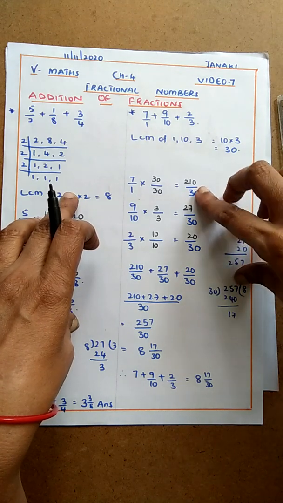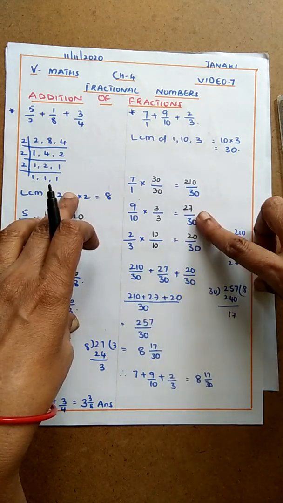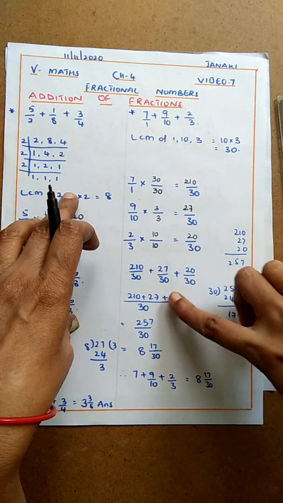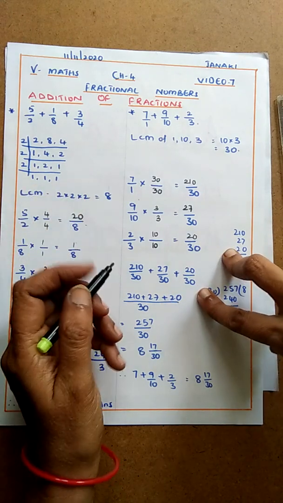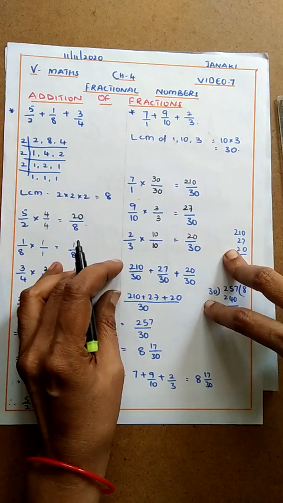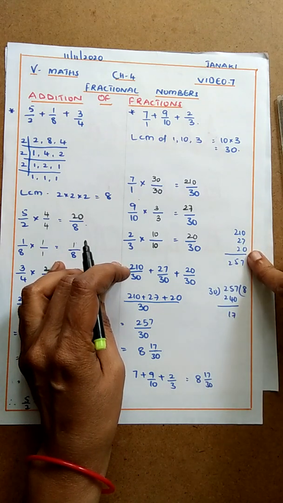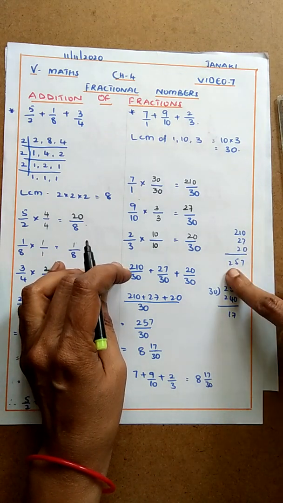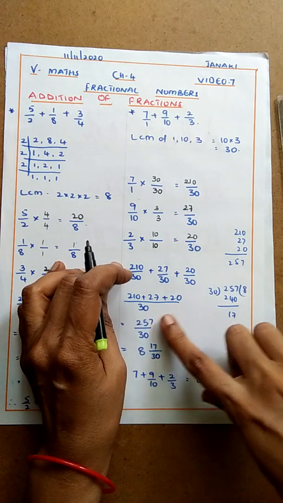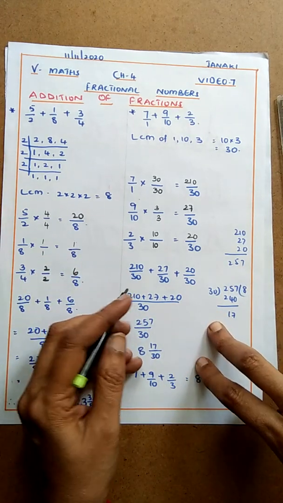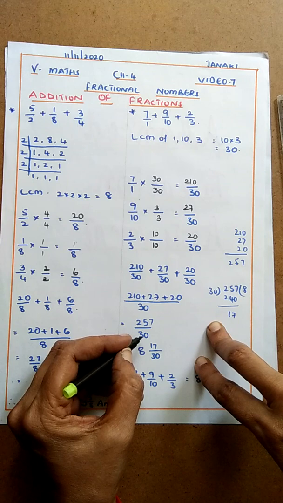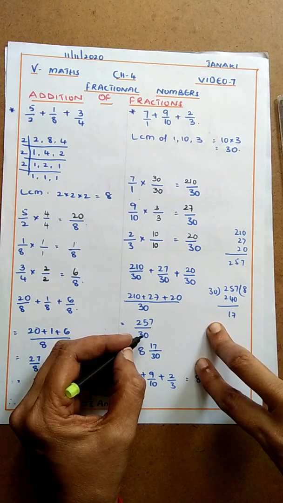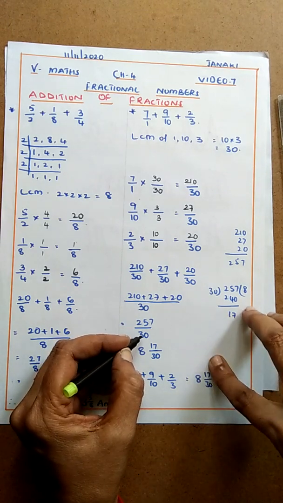Now let us add 210 by 30, 27 by 30 and 20 by 30. Now let us add all the numerators. 210, 27, plus 20 will give you 257. So 257 by 30, the denominator is 30 only. Never add the denominators. Okay. So the denominator is 30 as it is.